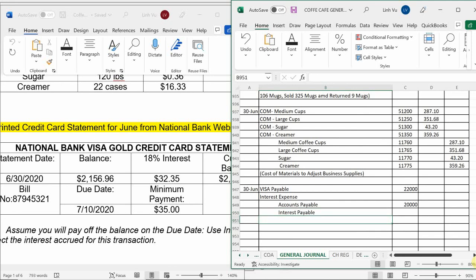Why am I doing an interest payable separate from my bill? Well, the 18% interest that you have accrued is a separate responsibility, because you said you're going to pay back money plus an additional amount on top of that. So that's why you have to keep your interest separate.